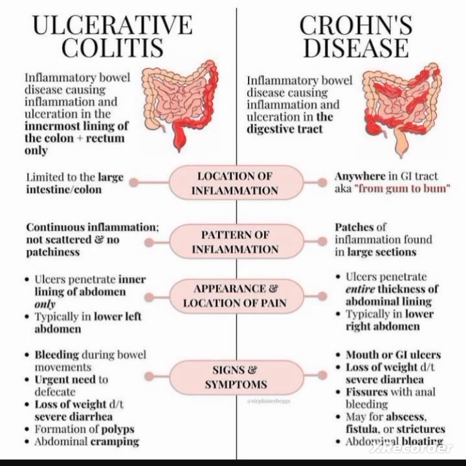Then appearance and location of pain. The ulcer in ulcerative colitis affects the inner lining of the abdominal layer, that is, the mucosal layer. But in Crohn's disease, the entire layer of the gut will be affected, so it penetrates the entire thickness of the abdominal lining.